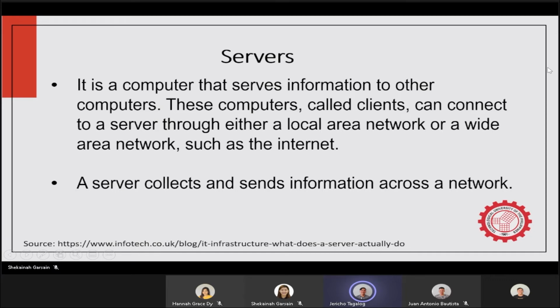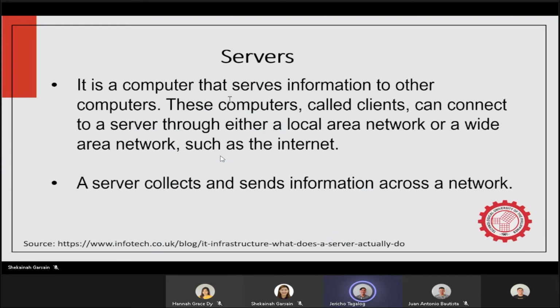So, ang server, ito yung tinatawag na group of networks. So, if may multiple networks na connected sa isa-isa or gustong kumonek sa isa-isa para makapag-send sila ng information, kaya kailangan nila gumawa ng server or gumawa ng computer client para makagawa ng server para makapag-send and receive sila ng information galing sa kabilang network papunta sa kabilang network.